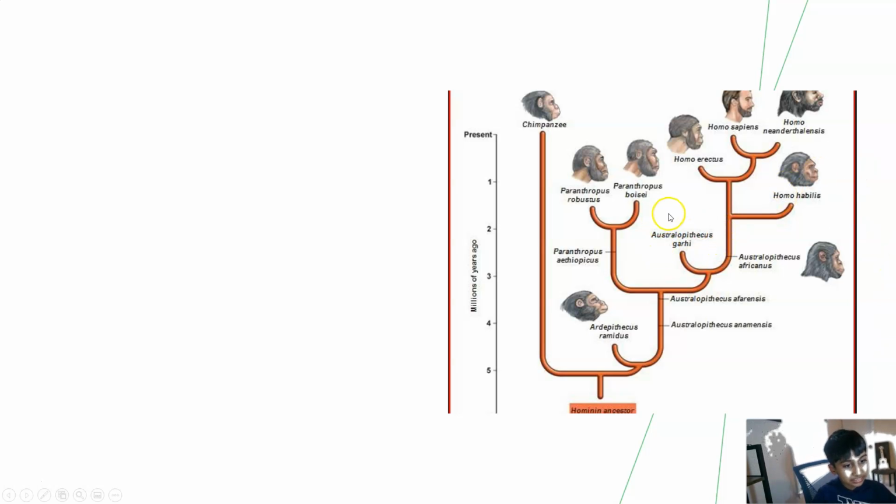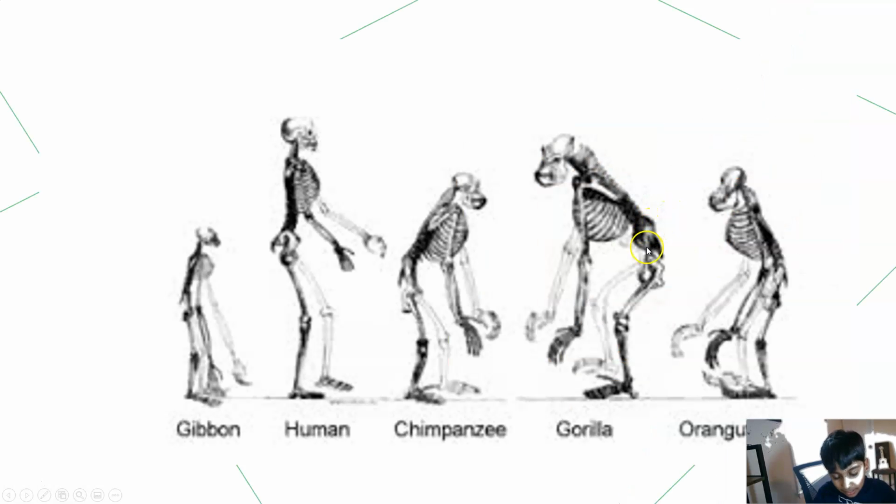Now we'll go to the next slide. And there are lots of creatures that have a human-shaped body. Not technically, but similar. Like if you looked at Gibbon, look at that.